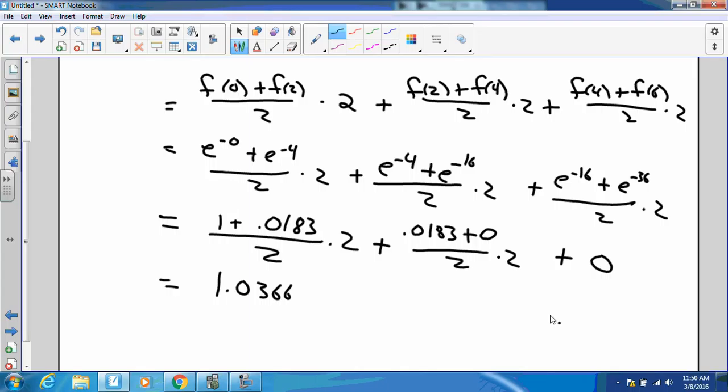What was the actual value of the integral? 0.886. So our trapezoid overestimated the area? Really? 0.8862. Okay. That actually surprised me a little bit.